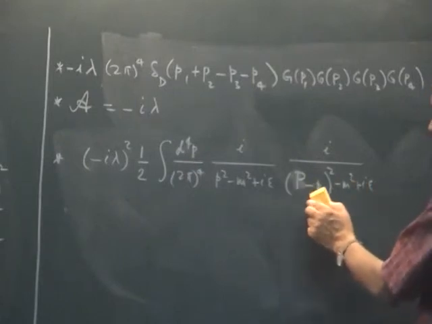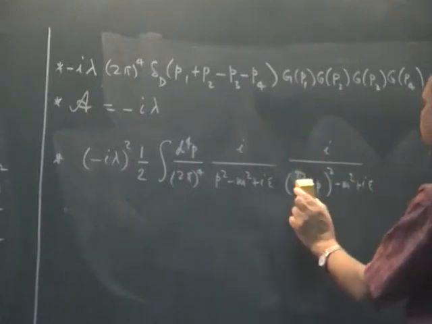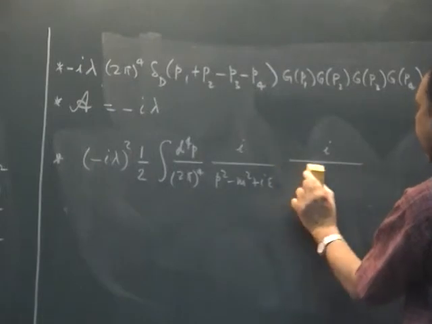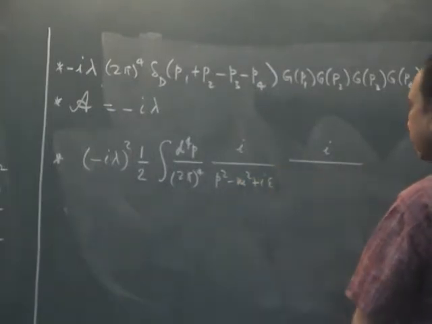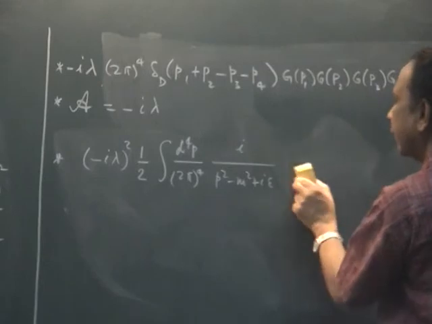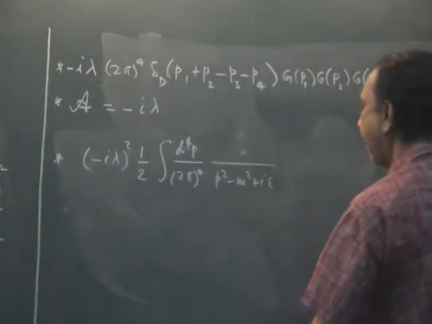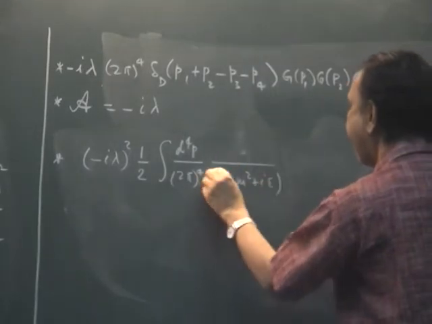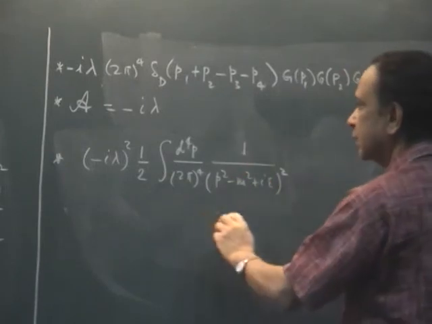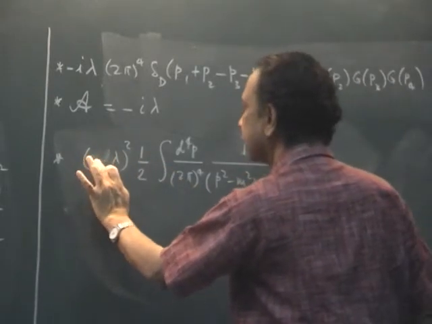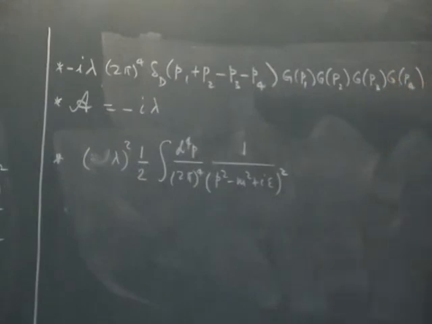So I can ignore this capital P from this p. That will come in the end for scaling. Therefore, this quantity is the same as this quantity, and it will give me a minus sign. That minus sign will take away the i square minus sign. So this is what you have.